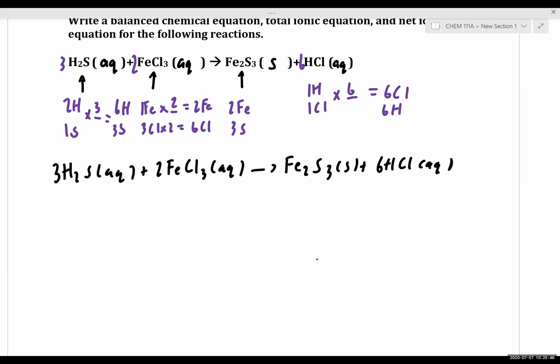It's weak, so we don't dissociate it. But on the hydrochloric acid, on the product side, we do turn that into its ions because it's a strong acid? Yep, exactly right. That's part of why we really focused on what makes a strong acid and what makes a weak acid. It comes up a lot when thinking about net ionic equations.